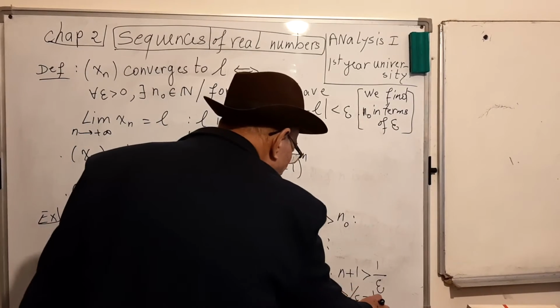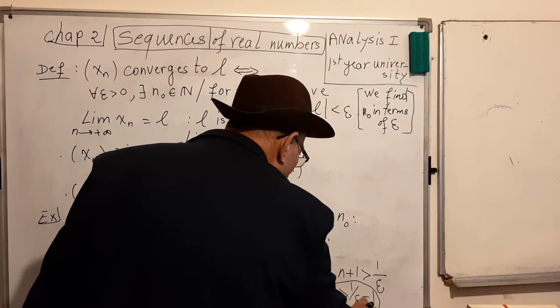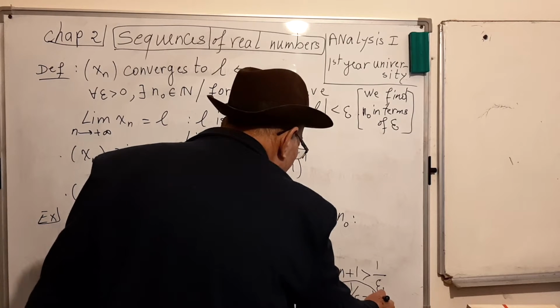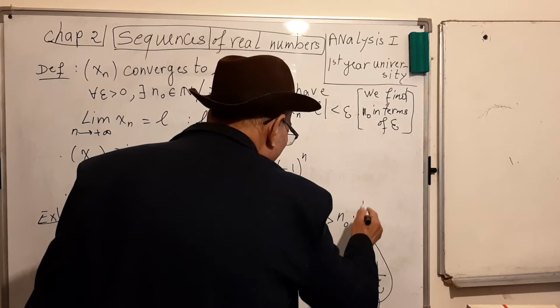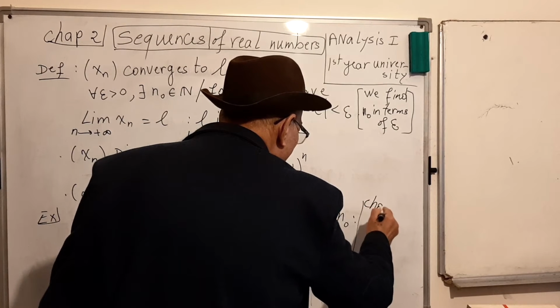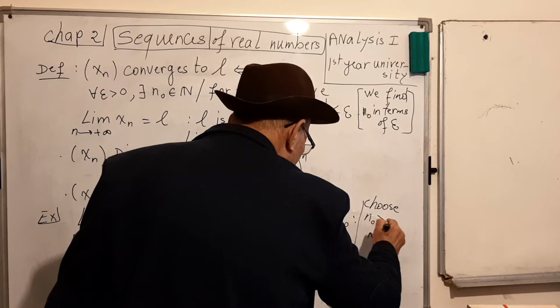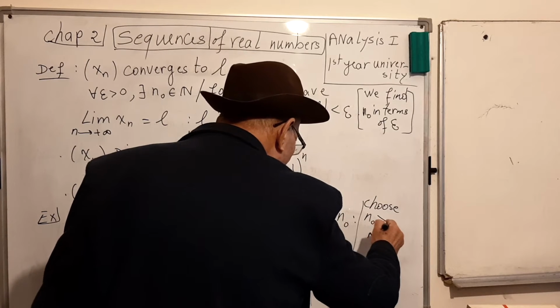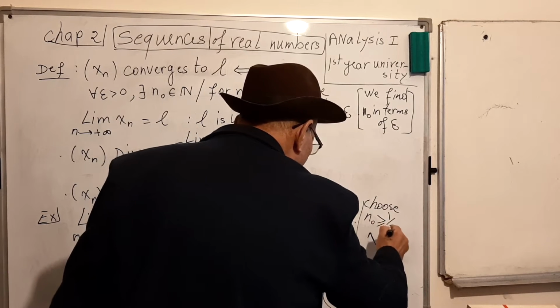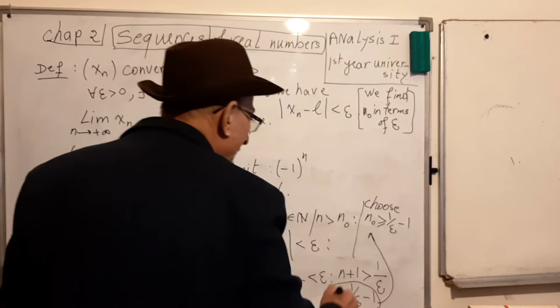So we choose n0 greater or equal 1 over epsilon minus 1.